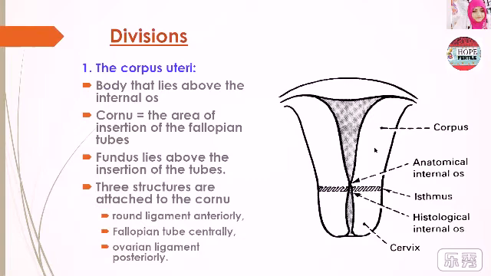So, cornu, the area of insertion of the fallopian tube, and this is the cornu. Fundus, above the insertion of the tubes. This is the fundus. Three structures are attached to the cornu: round ligament anteriorly, fallopian tube centrally, ovarian ligament posteriorly.